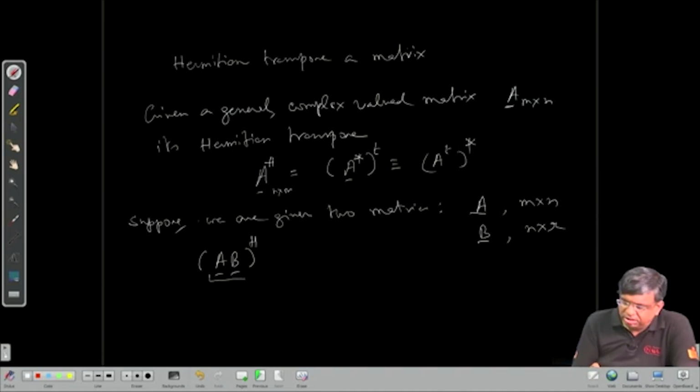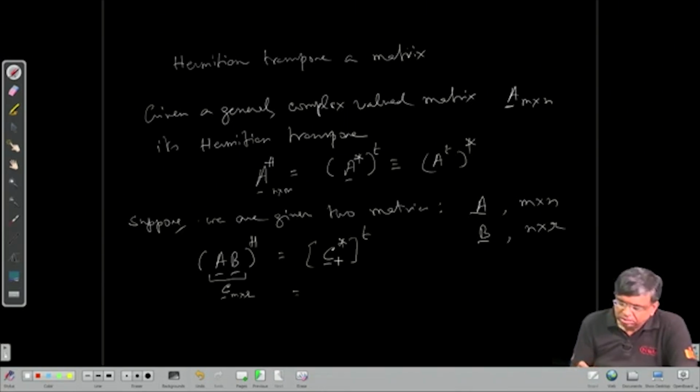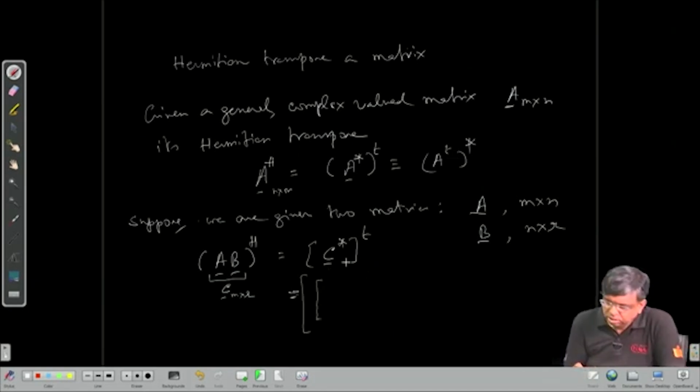Now, if you call this matrix C, which is m cross r, m cross n times n cross r, then C^H will be: you first take C star, one of the two, I take this for C star, and then transpose. C star means everybody in the C matrix is conjugated. What is the C matrix?